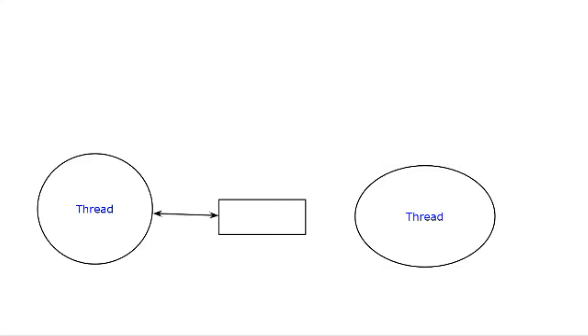And there's a two-way communication. What I will write here, text, then I will write shared resource. Okay. So this is the mutual exclusion condition.